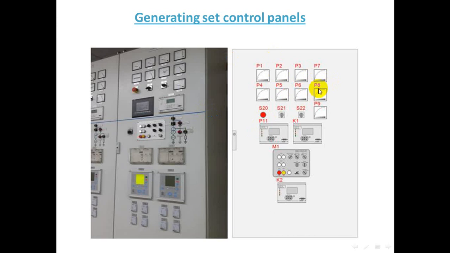P8 is the generator reactive power meter. Reactive power, where does it come from? It comes from induction loads, such as lamps or fluorescent lamps, which consist of inductions or coils.